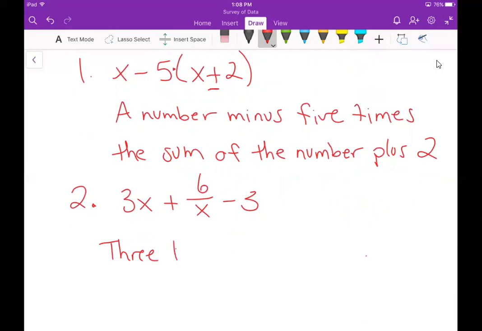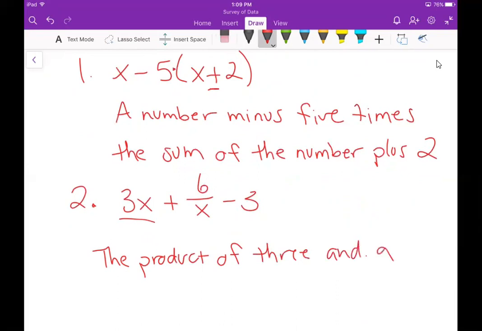It's being multiplied, so times is a good way to say that. 3 times, actually, let's go with a different way to say that too. That would work perfectly fine, but I see a product, right? This is just a product right here. So I could also say the product of 3 and a number. Okay, that takes care of 3x.